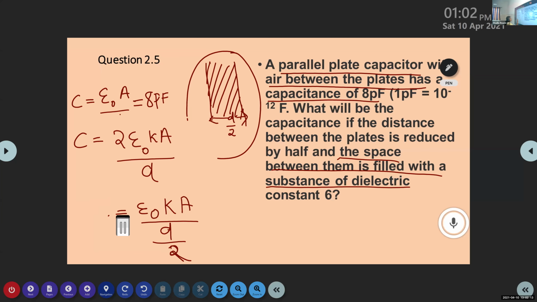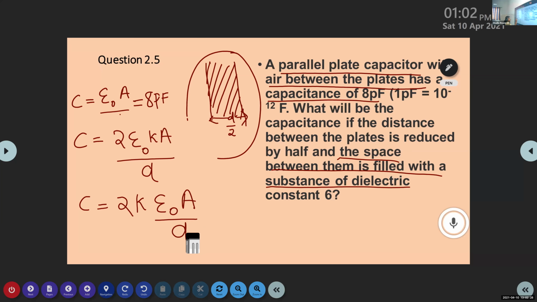And here we can just rearrange this equation. We have C is equal to 2K into epsilon 0 A by D. We just arrange the terms, so 2K epsilon 0 A divided by D.